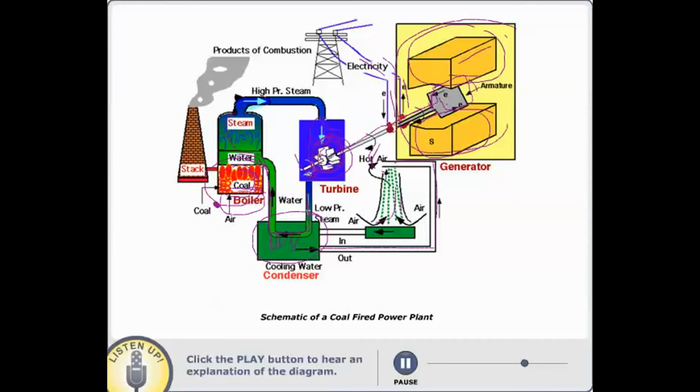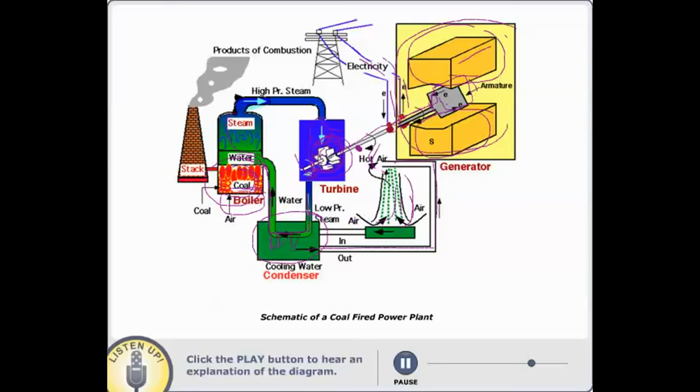Basically, about 30-40% of the energy that we put into this device is dumped out into the atmosphere through this condenser or cooling tower.